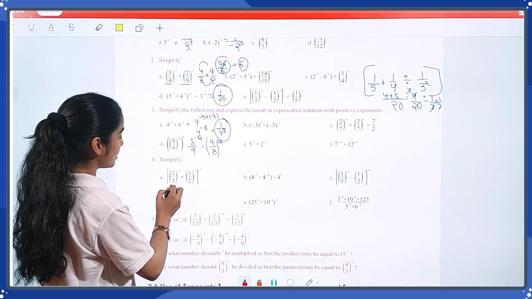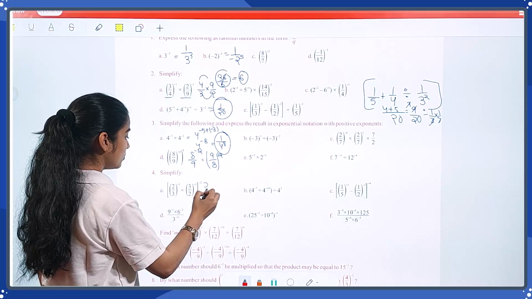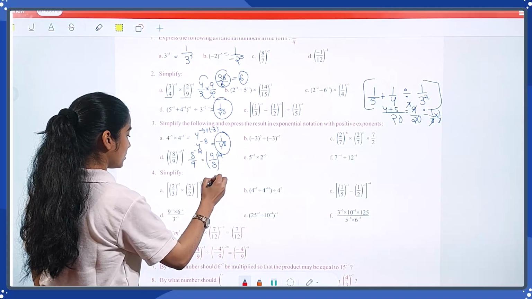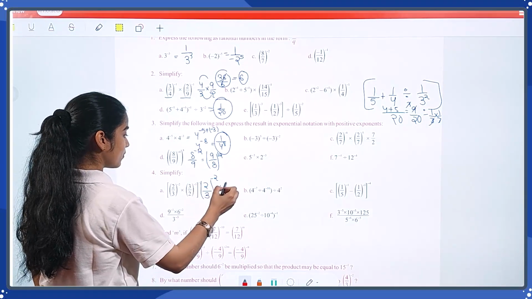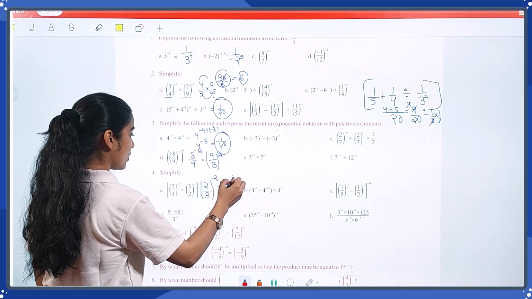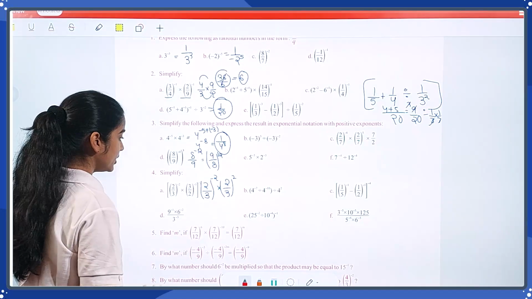Now simplify it. So 2 by 3 and 3 by 2. So what we have to do? 2 by 3 raised to the power minus 2, multiply 3 by 2, the opposite of it, the reciprocal of it, is 2 by 3 raised to the power 1 only. Now solve it.